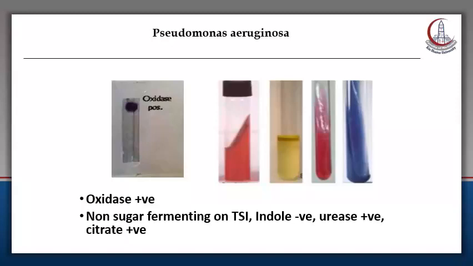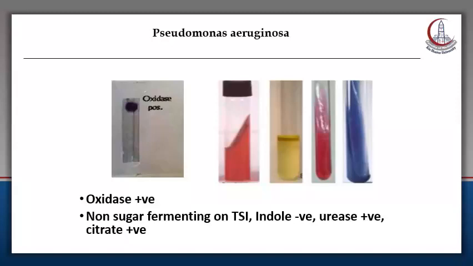The concept of the urease test is testing the organism's ability to produce the urease enzyme, so we put it in urea-containing media. If it produces urease, it consumes the urea and produces ammonia. And the concept of citrate is to use citrate as the sole carbon source.